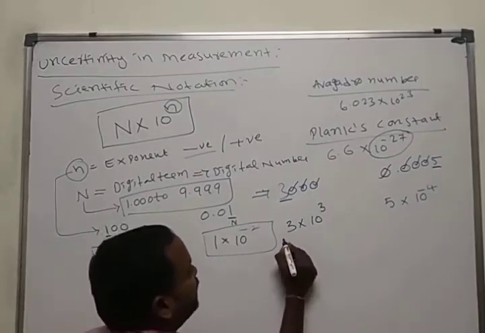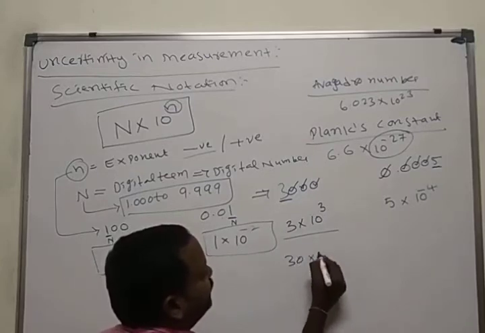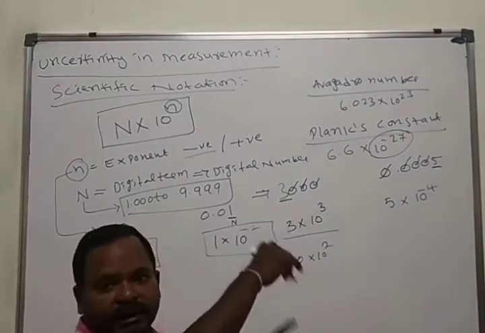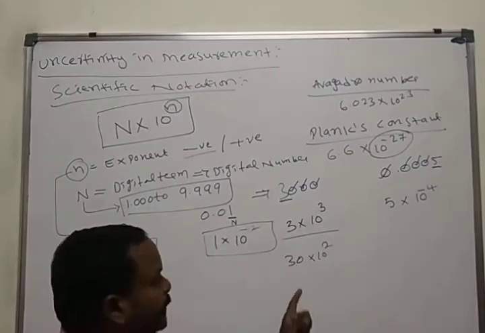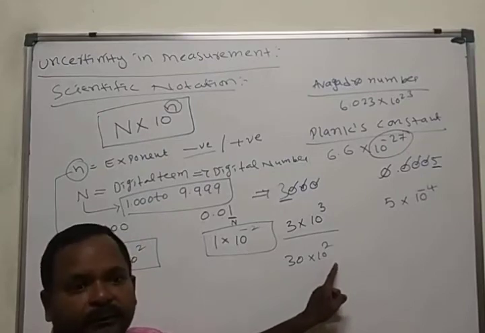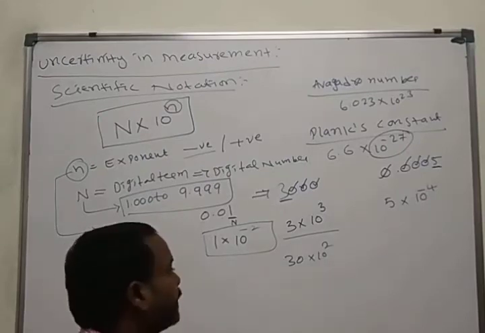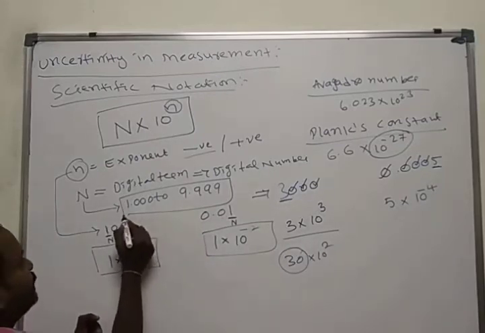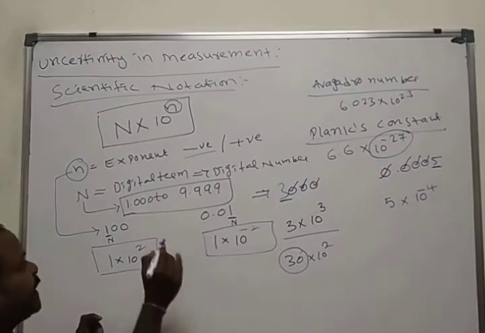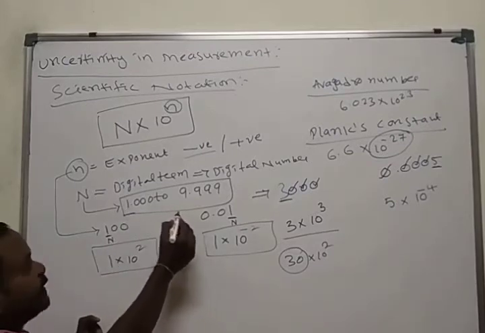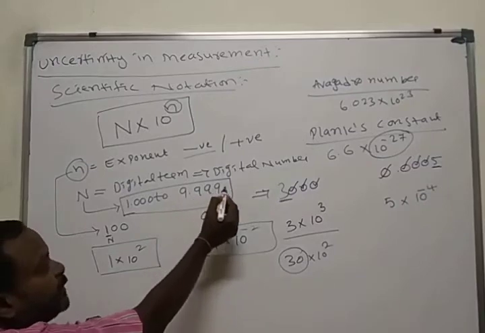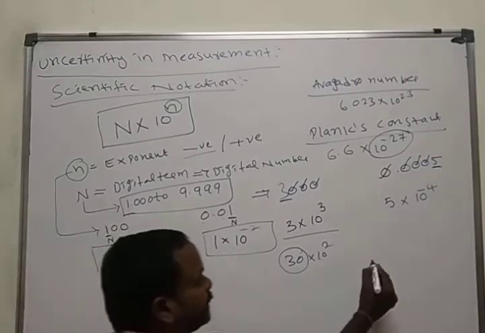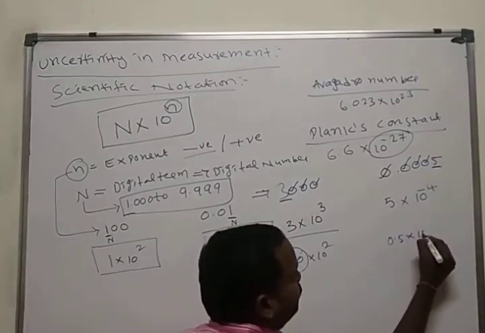Here don't write 30 into 10 to the power of 2. The value is the same, but don't write it. Why? According to our system, the digital term should be from 1.000 to 9.999 only. Here also the same: 0.5 into 10 to the power of minus 6.